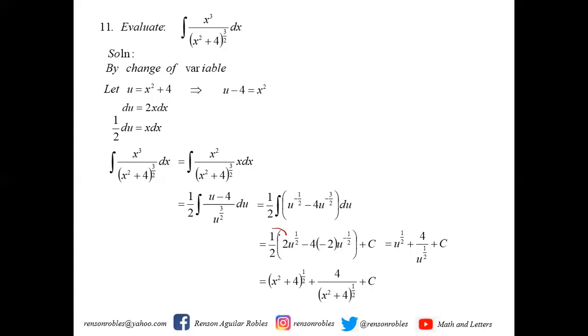That's positive 8 times 1/2, which will lead us to positive 4. And since this is negative 1/2, you just simply write it in the denominator. So that's x squared plus 4 raised to 1/2, and then you add c at the end. Okay, and that's the integral of x cubed dx all over x squared plus 4 raised to 3/2.